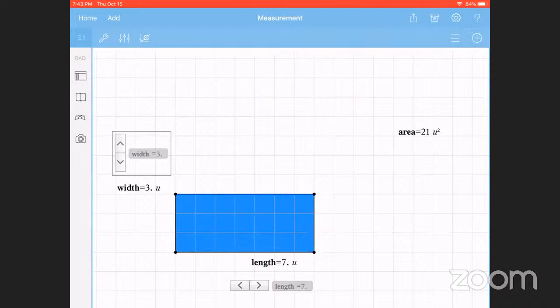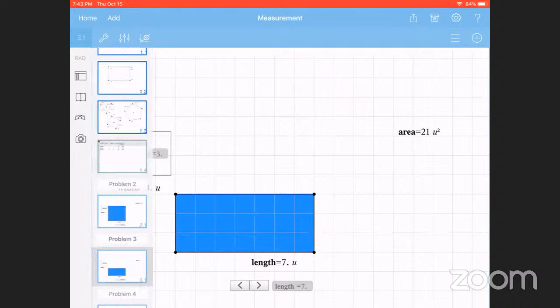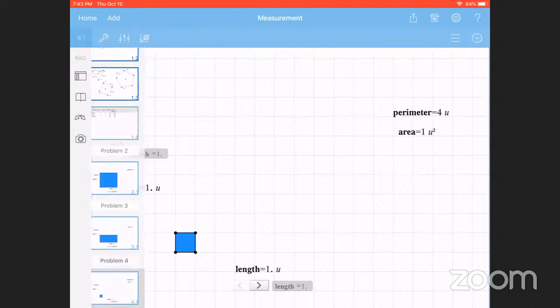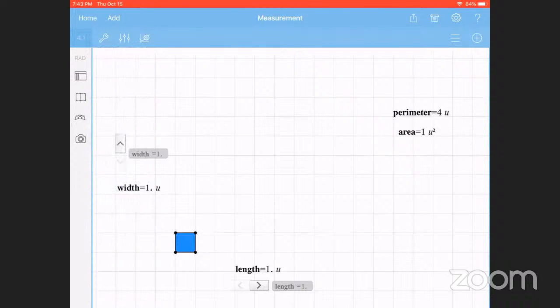Exactly. So then the students once again could manipulate the length and width to see how the area changes and the relationships there. Then the last thing I would do with them is look at them together. So on this last screen, we have the grid, we have our length and our width, we have our perimeter and our area.